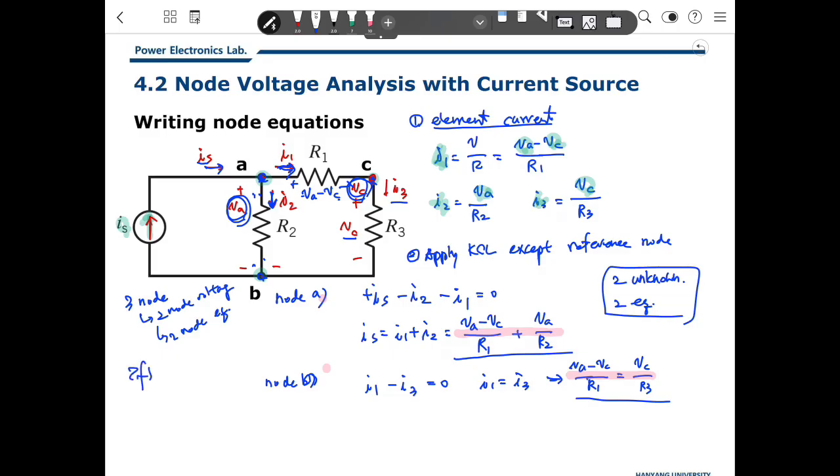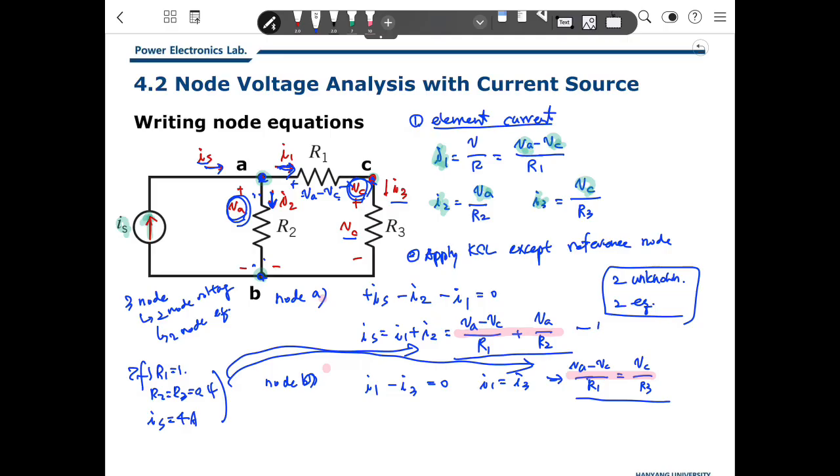If R1 is 1, R2 and R3 are 0.4, and IS is 4 amperes in the textbook, then you can insert the values here and there.